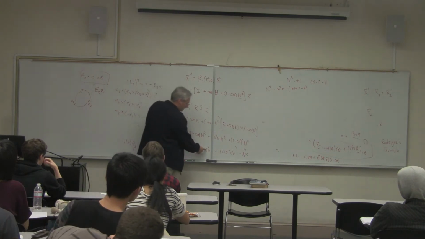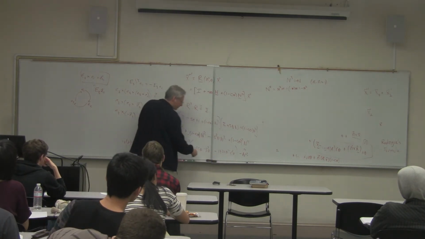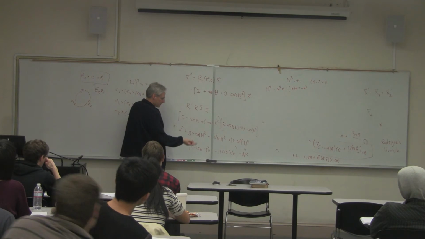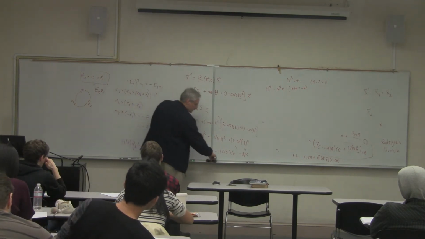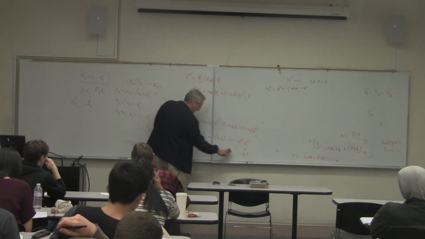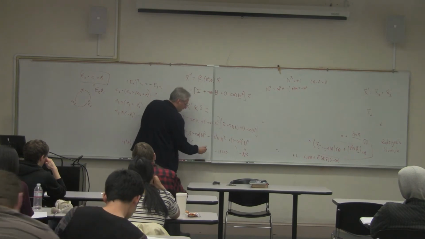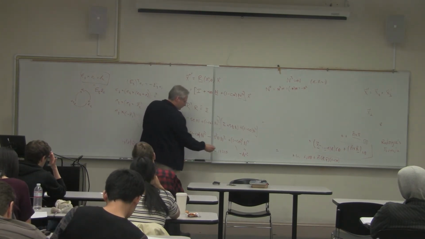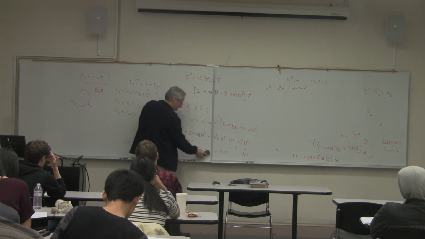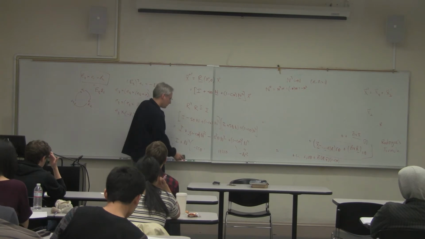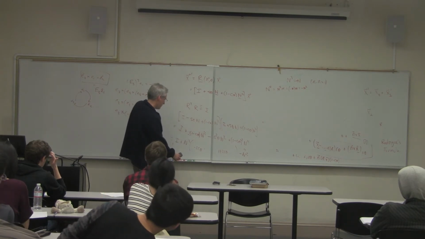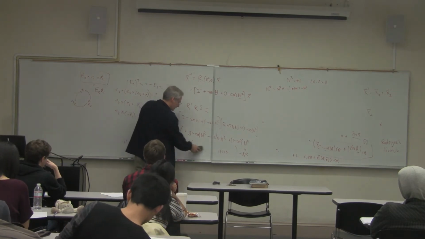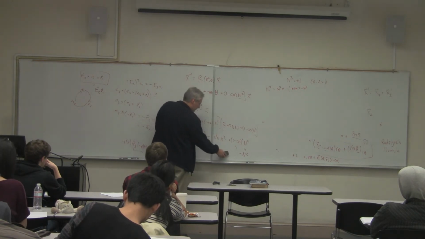Now, negative sine squared and negative cosine squared add to give negative 1. So this and this together are negative 1. And we have a 2, negative 1, negative 1, so those add together to give 0. And then we have this canceling with this.